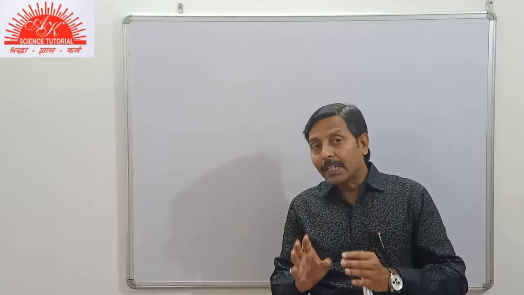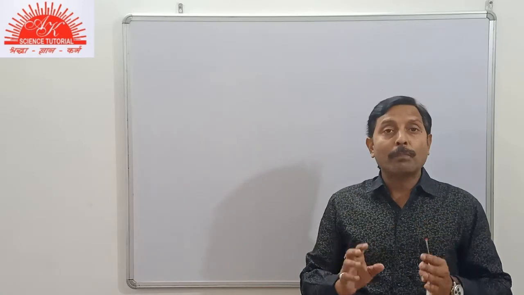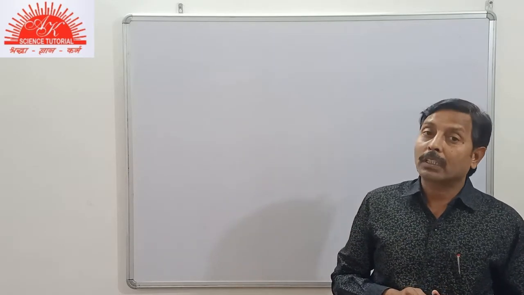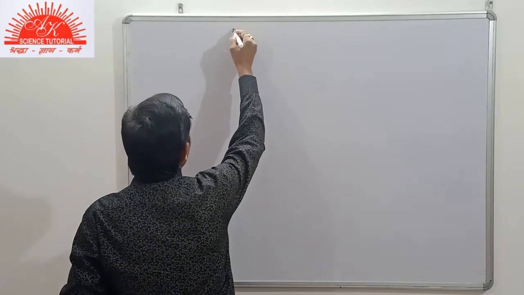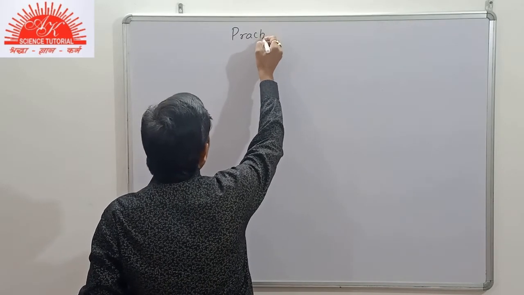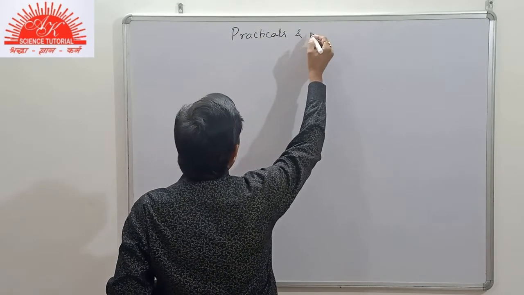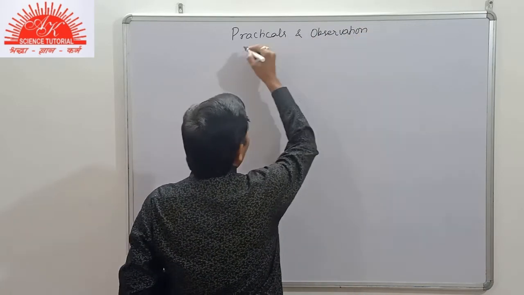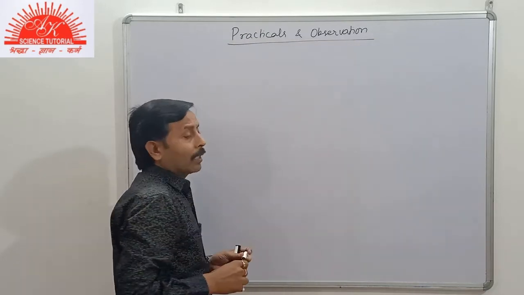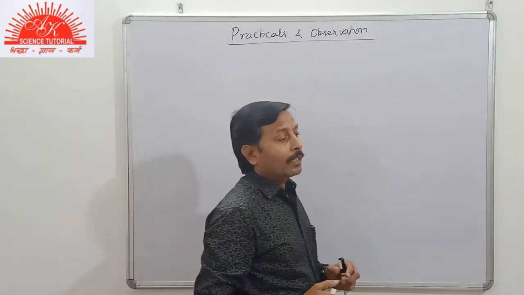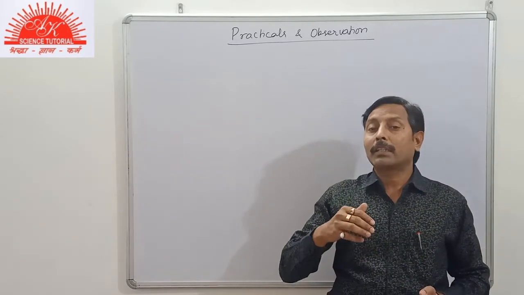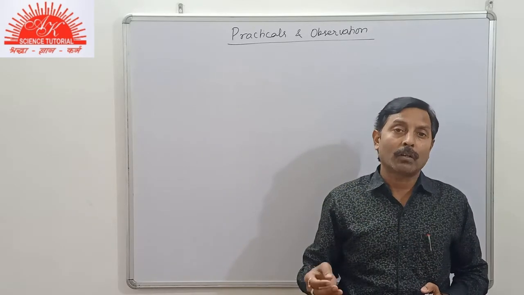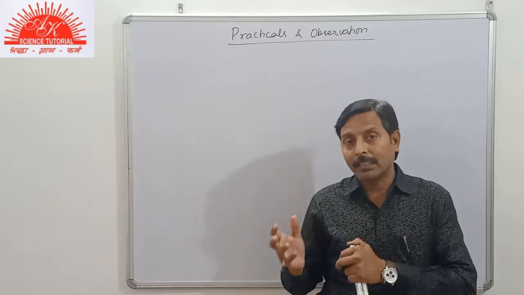So, our today's topic is related to practical or related to observation. So, start with the practical and observations. It is an important part because in some questions, suppose you have to write an observation, a question is asked in ICSE, what do you observe when this is reacted with this?